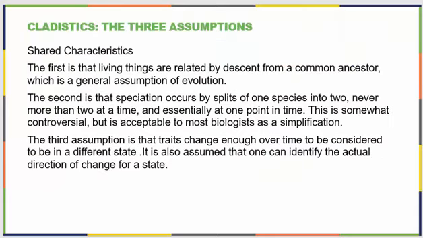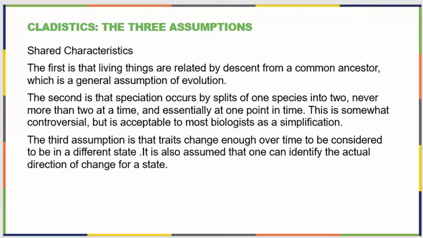There are 3 big assumptions when it comes to cladistics that you might have picked up on that previous slide. The first assumption is that living things are related by descent from a common ancestor. So we're already there as we talk about evolution. The second assumption is that speciation splits one species into 2, never more than 2 at a time.